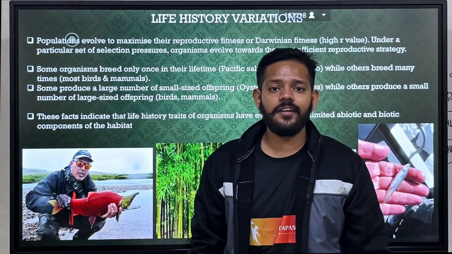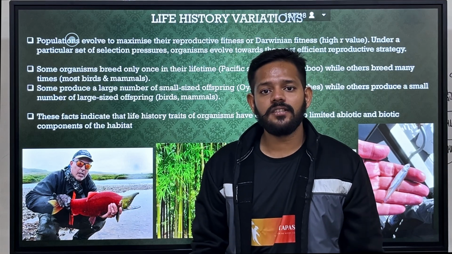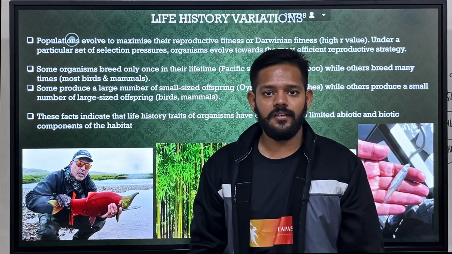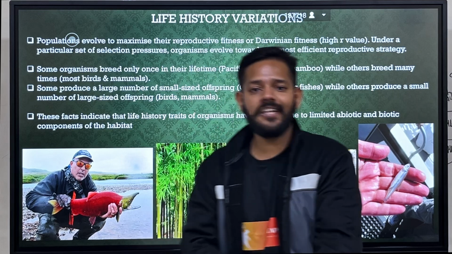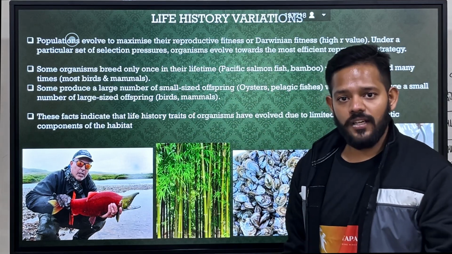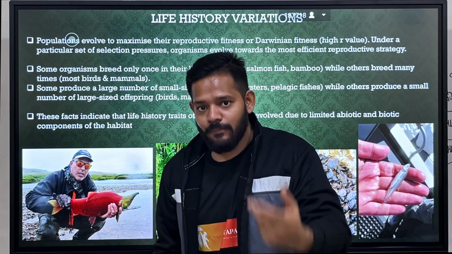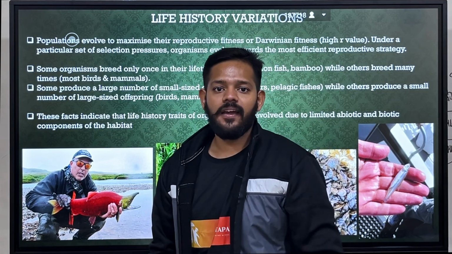Every year dogs give birth to their pups, cats give birth to their kittens, birds give birth to their chicks. So in mammals and birds, you will see every year they give birth to their young ones, while in some organisms like bamboo and salmon fish, they reproduce only once in a lifespan.